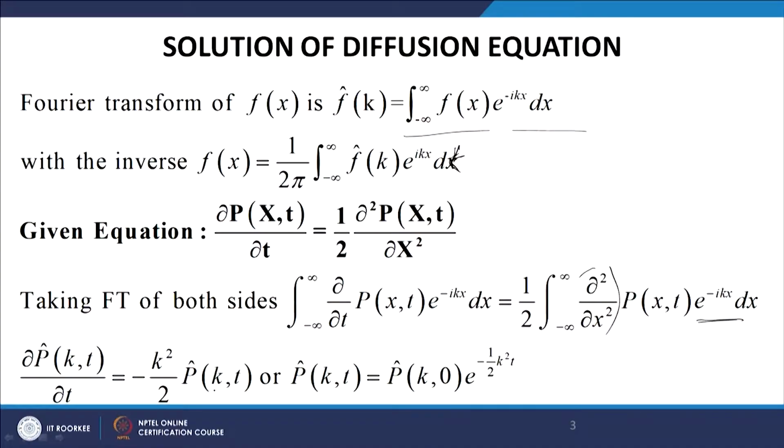Now, the solution of this equation, it is a first order differential equation in time, is quite simple, and we get p hat of k, t is equal to p hat of k, 0, which is the initial condition, into e to the power minus 1 by 2 k square t. That can be obtained by simple integration.